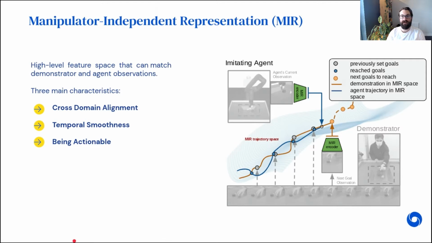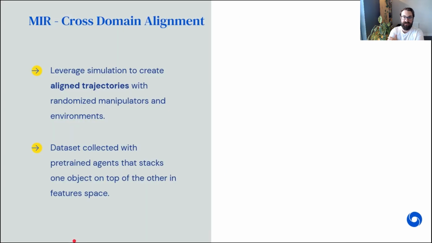Temporal smoothness: temporally neighboring frames, regardless of their domain, should map to the same representation. And finally, being actionable, which means that the representations that we learn need to be suitable for reinforcement learning. And I will now go through how we dealt with each of these desired characteristics in a bit more detail.